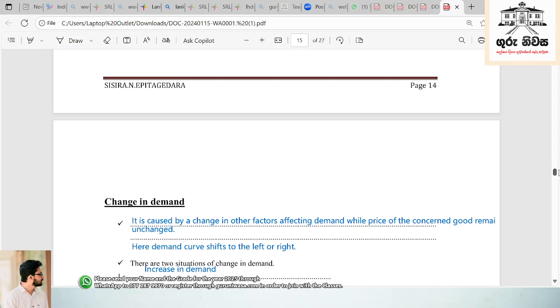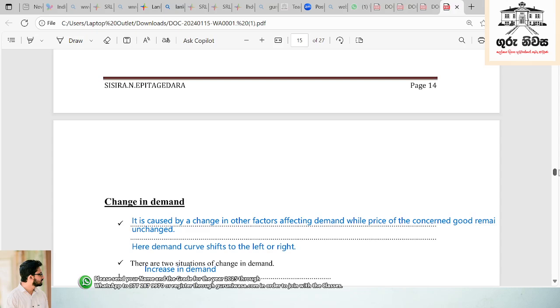In the price category, change in quantity demanded, the demand curve doesn't shift. That's why in the smartphone question, though the price of a smartphone increases or decreases, the demand curve for the smartphone doesn't shift. Points are moving along the demand curve, but the demand curve doesn't shift.